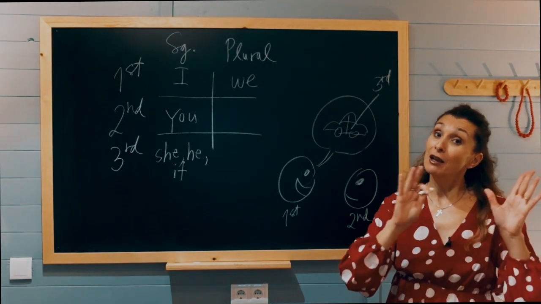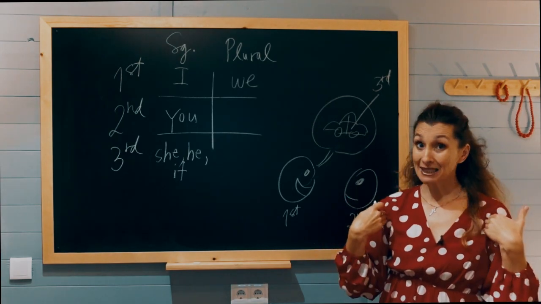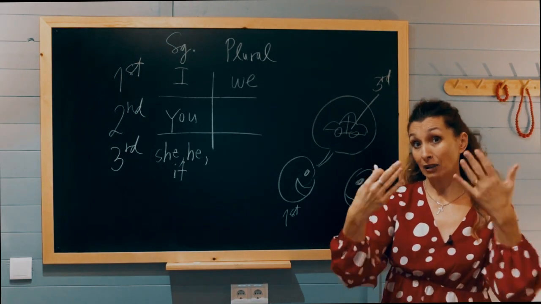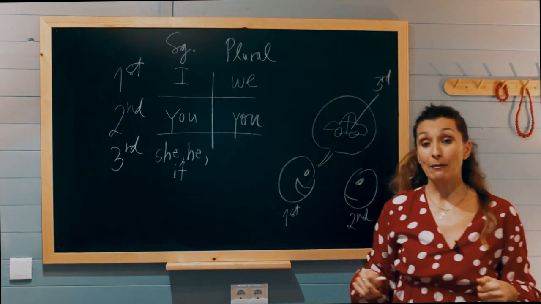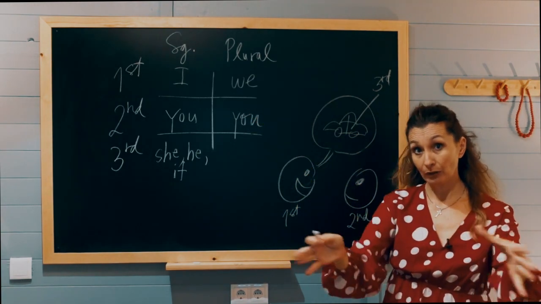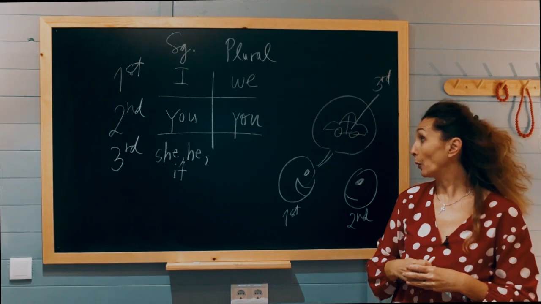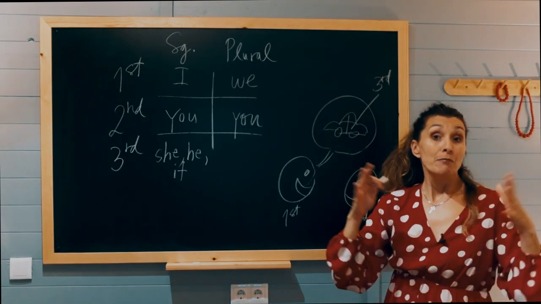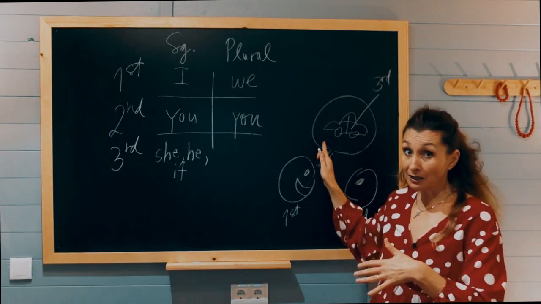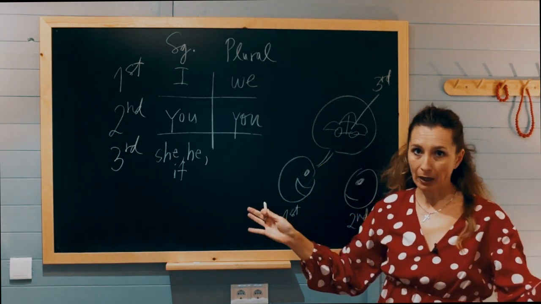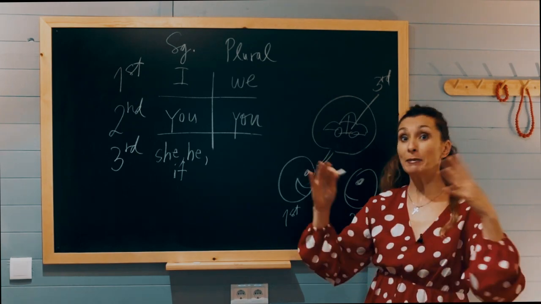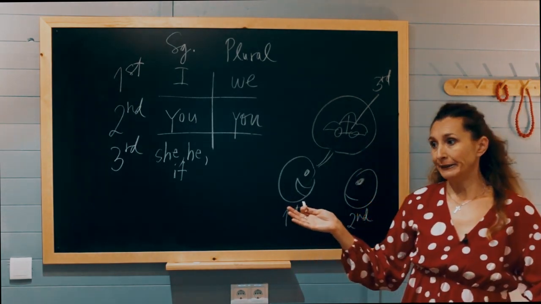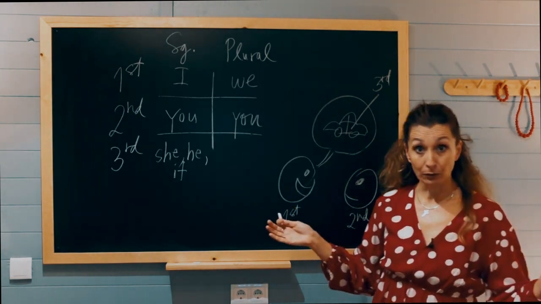So as long as there's more than one person listening to me and me talking to them, I will refer to them as you, but you, the plural you, okay? And maybe I'm not talking about one car, maybe I'm talking about a whole car park full of cars, or maybe they're not cars, maybe they are books, maybe they're even people, okay?